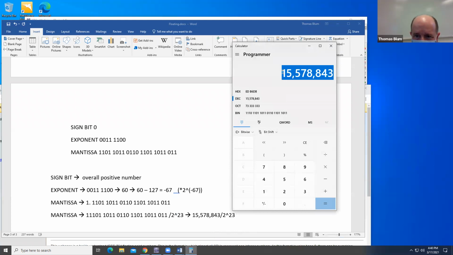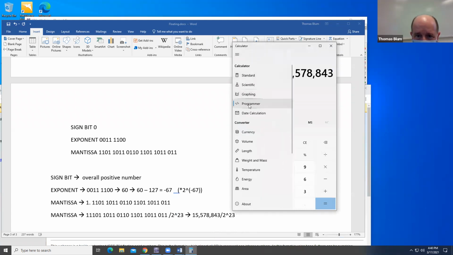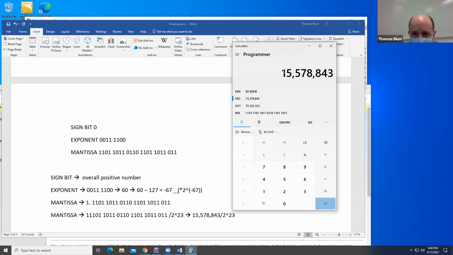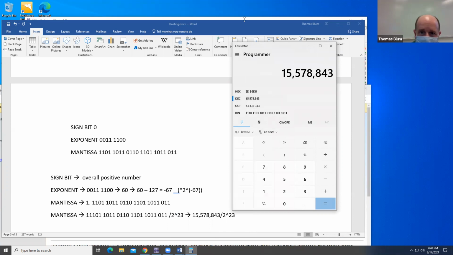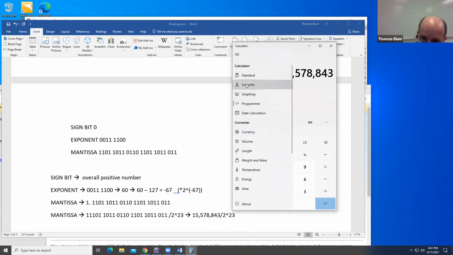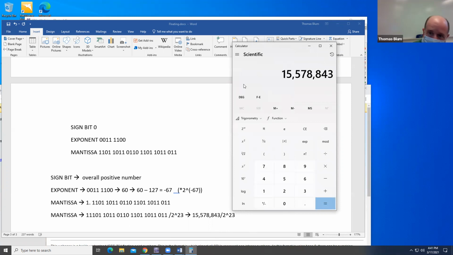But I'm going to take this number, copy it. Control C is copy, right? Go over to scientific mode, and paste it in there. And then I'm going to divide by 2 raised to the 23, and I get 1.8, and this big crazy thing.